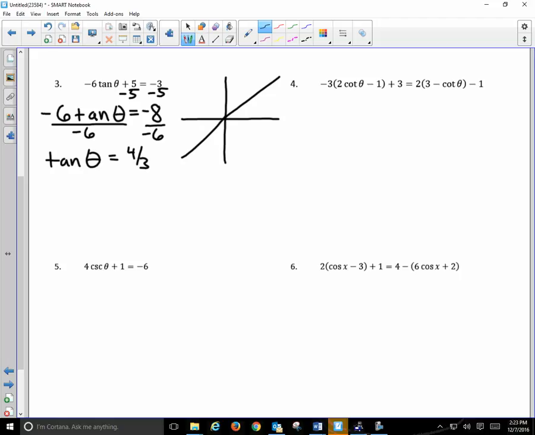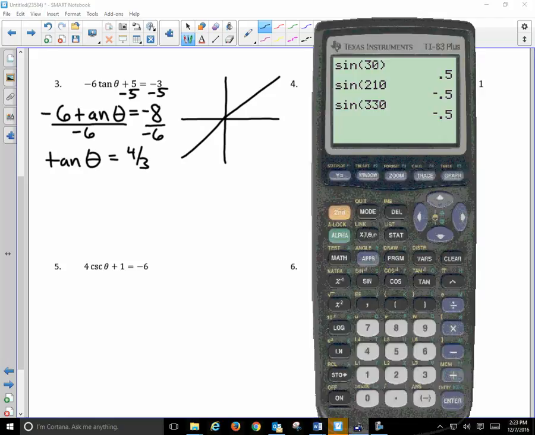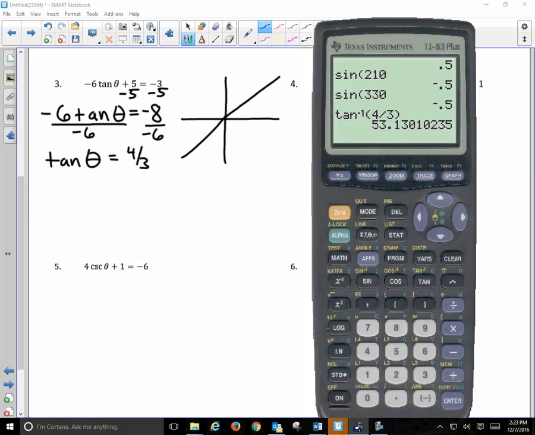Okay. So I draw two angles, one in each quadrant. I need to solve for theta. What do I do? Tangent inverse of 4/3. 53.13.